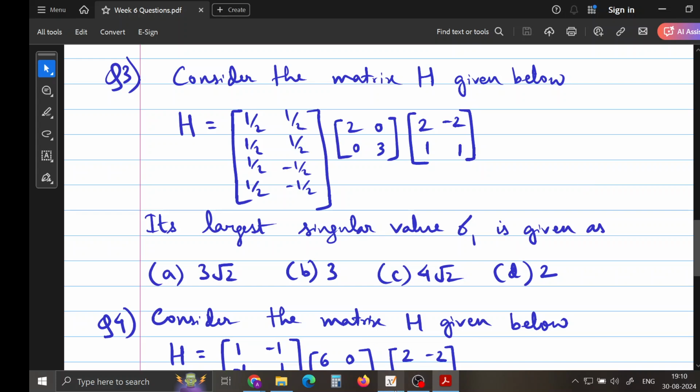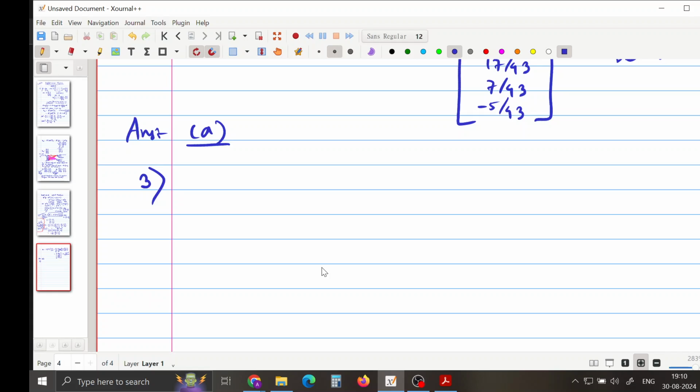Okay, so let's see how we can do this. So the given matrix here, H, is this.